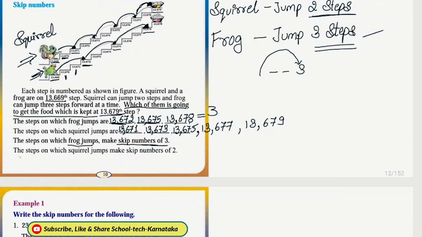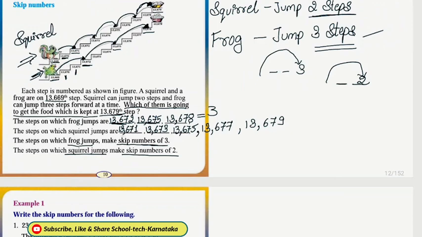And the steps on which the squirrel jumps make skip numbers of 2. That is, our squirrel jumps only 2 steps. It skips 1 step and lands on the second step. So the skip numbers of 2.